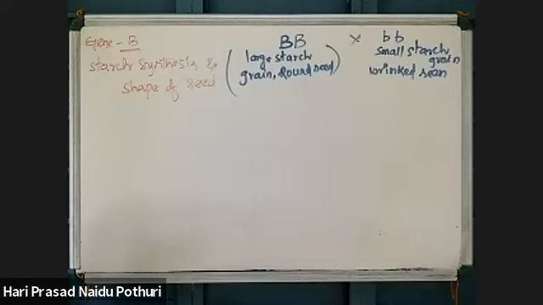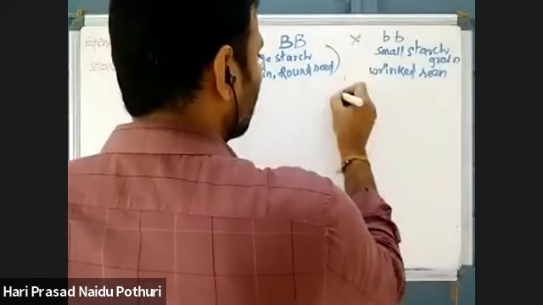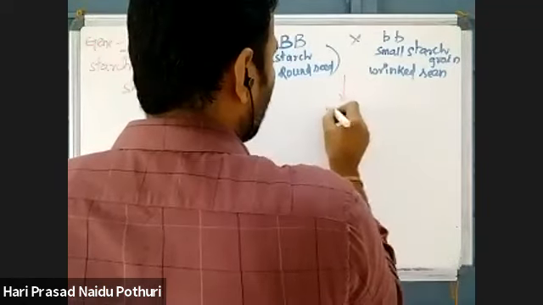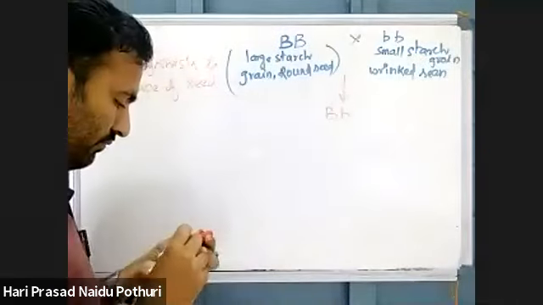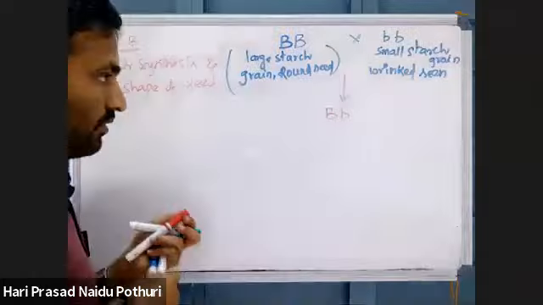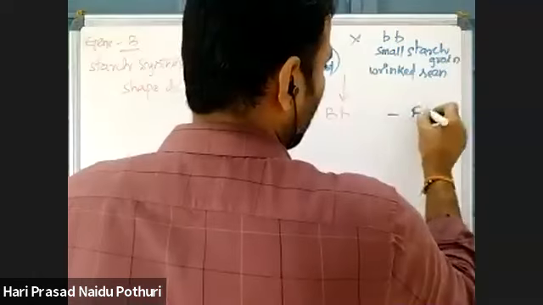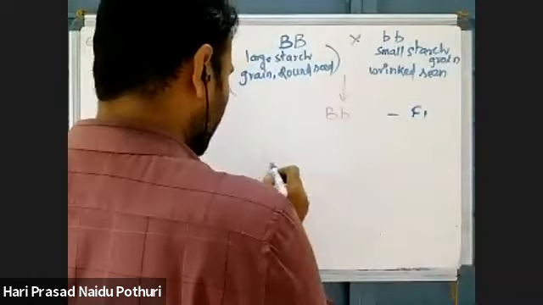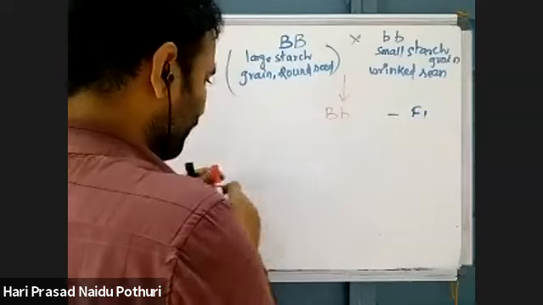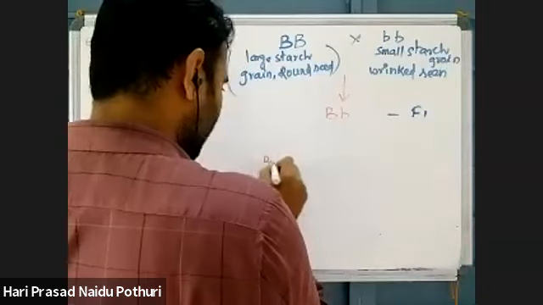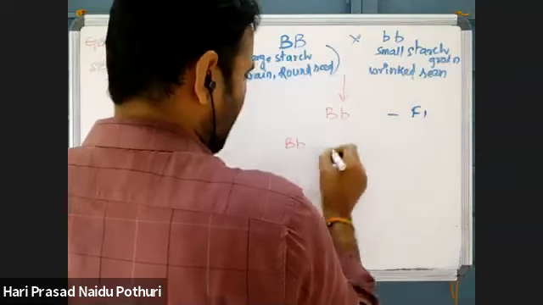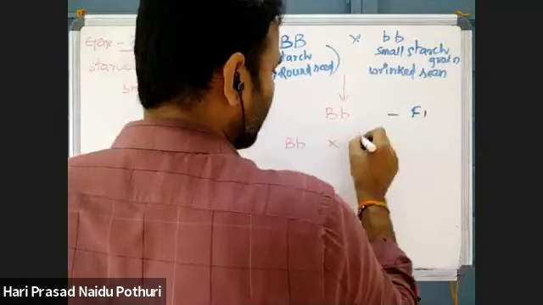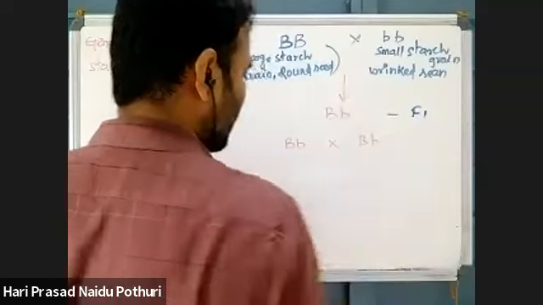When a cross is made between these two, in F1 there is production of heterozygote. This is F1. The F1 are selfed again. When F1 are selfed, capital B small b versus capital B small b.